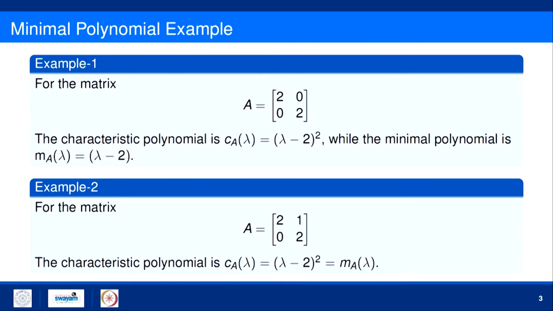Now see the example. Consider this 2 by 2 diagonal matrix. The characteristic polynomial of this is (lambda minus 2) whole squared, while the minimal polynomial is lambda minus 2, because this polynomial annihilates the matrix.